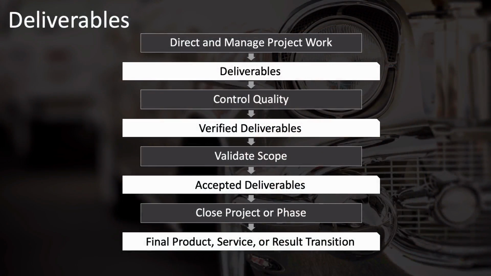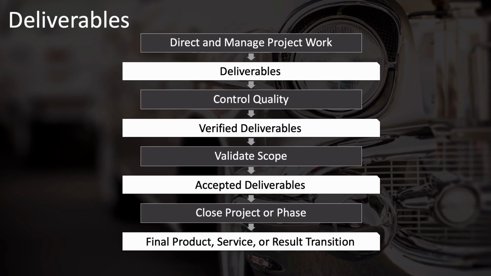This figure brings information from various locations within the PMBOK guide and brings it all together into one diagram to show you the workflow of how we go from deliverables to the final product, service, or result transition of the project.